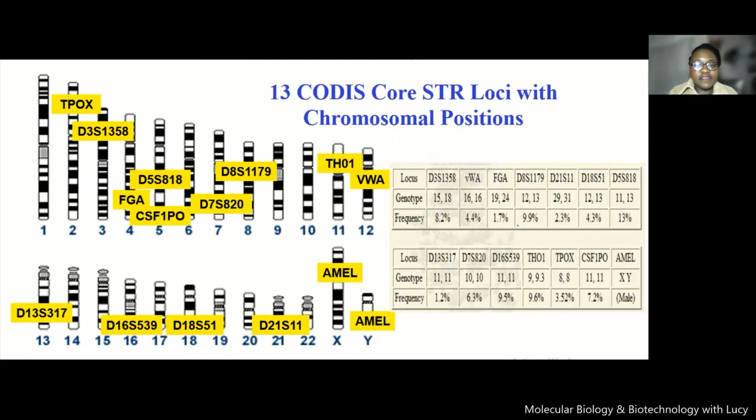So we have TPOX, D3S1358, etc. There are so many, FGA. And then we have what differentiates gender, which is called the amelogenin marker, amelogenin X and amelogenin Y. So I have put them there. These are the major STR loci that we usually have.